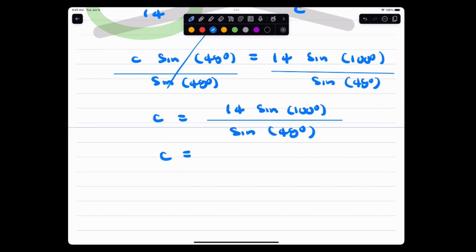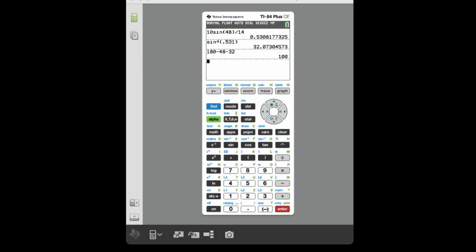And this is how you get little c. You're going to say now 14 sine of 100 divided by sine of 48, and you get 18.6.